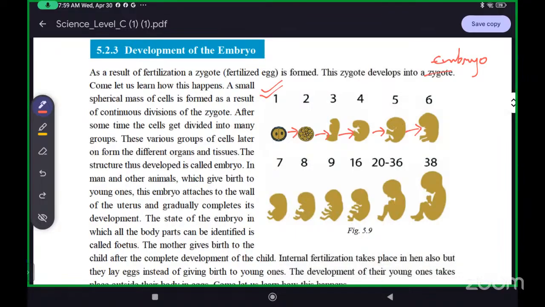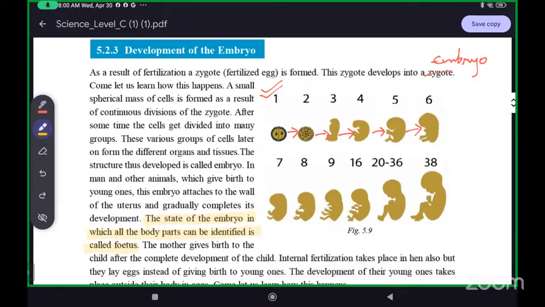Okay. Now, at the seventh or eighth month of the pregnancy, of the development of the baby, the body parts become identifiable. We are able to identify the hands, legs, head and everything. When the embryo reaches a stage where the body parts can be identified, it is called a fetus.